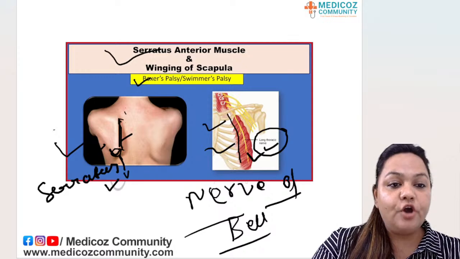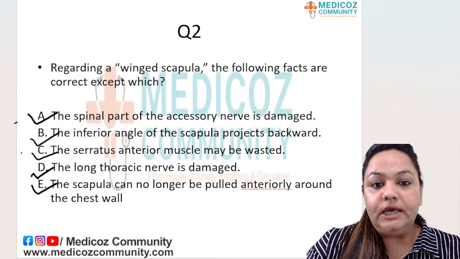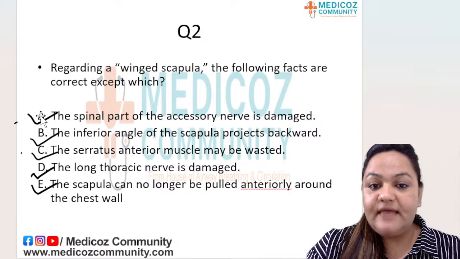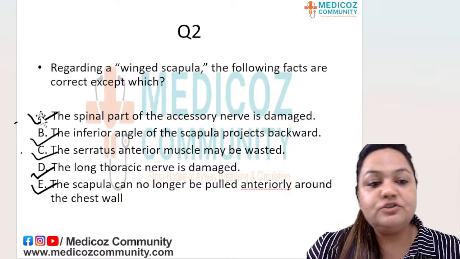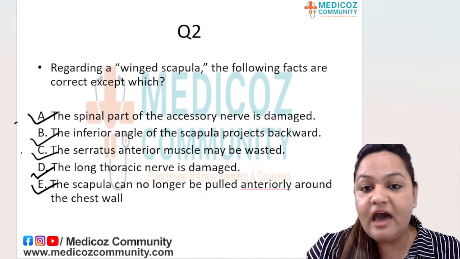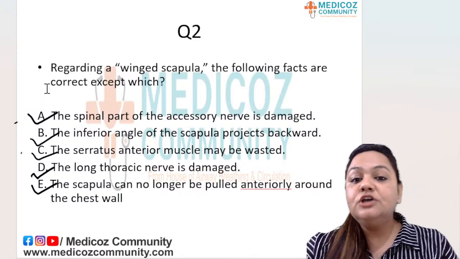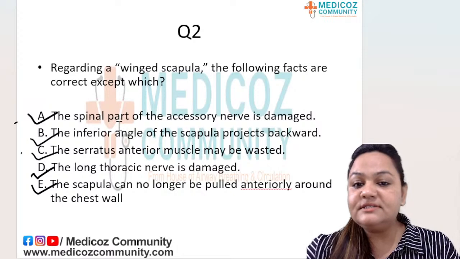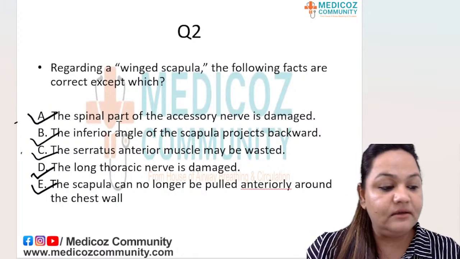Now we will look into the options. There is option A, that is spinal part of accessory nerve is damaged. This part we have discussed here, and I haven't mentioned the spinal accessory nerve here. Do you know what this spinal accessory nerve is, and which muscles of your body it supplies?